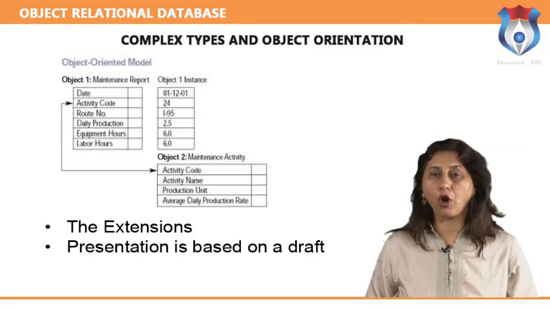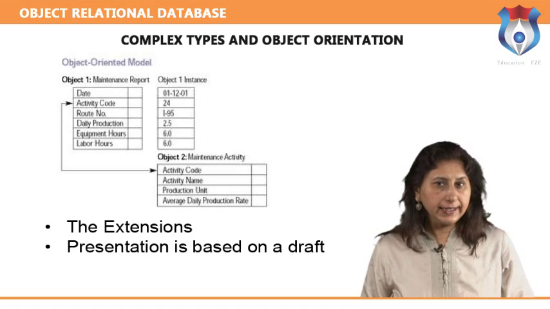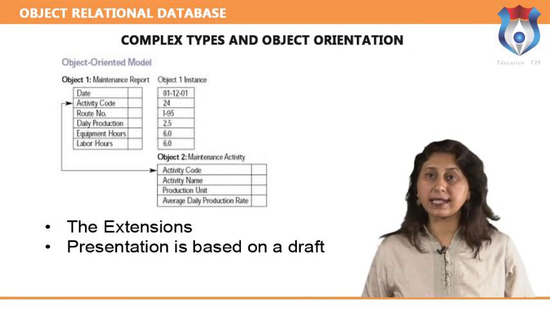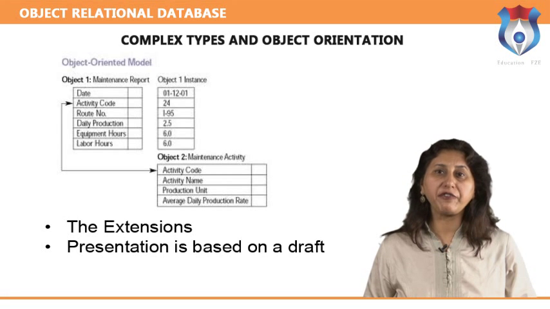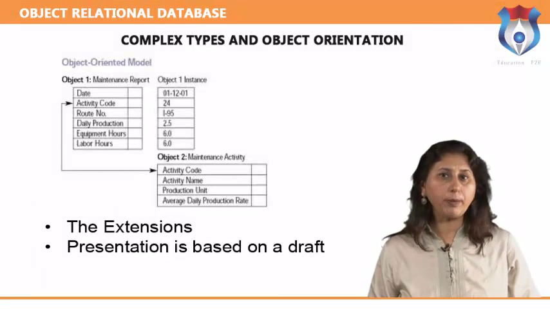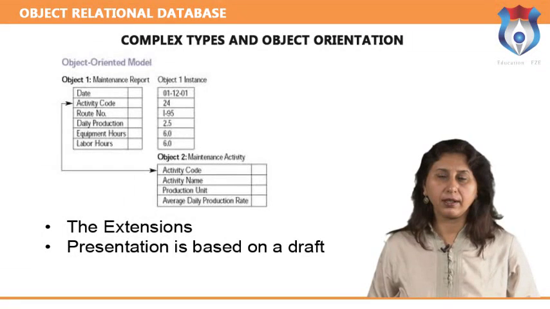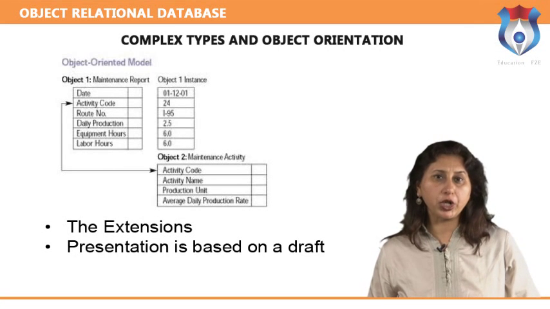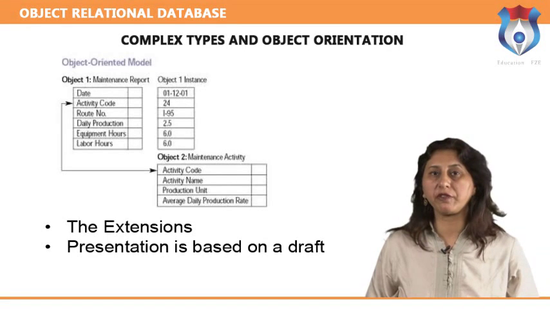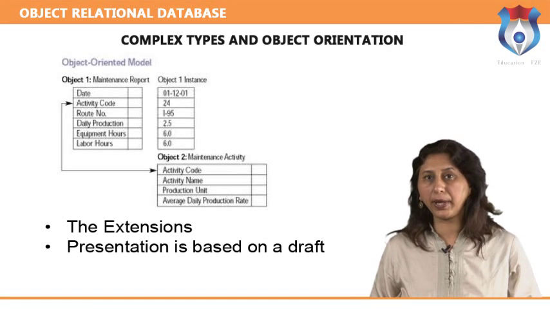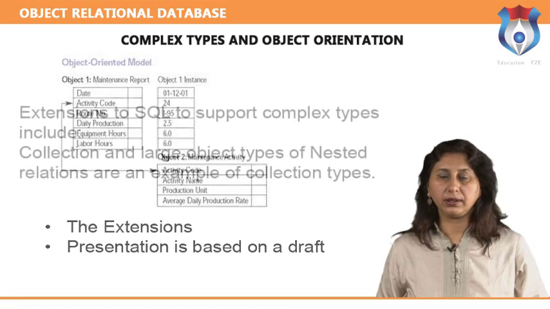Complex types and object orientation. The extensions include nested relations, nested records, inheritance, reference to objects, and other object-oriented features. The presentation is based on a draft of SQL3 with the incorporation of features from XSQL and Illustra.